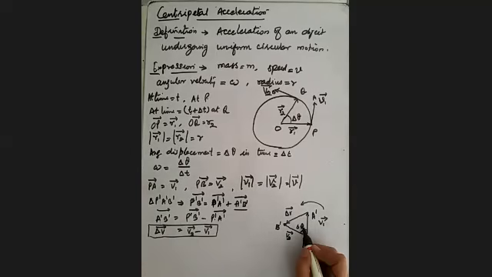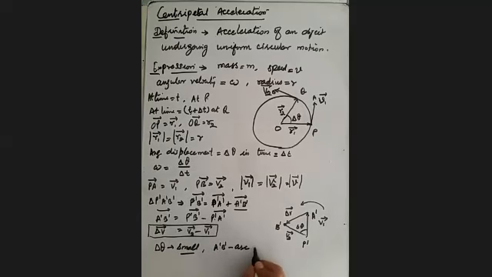Now suppose delta theta is very small, then we can consider A'B' as an arc of a circle of radius P'A'. Because delta theta is small, we can consider that the arc A'B' is equal to the length A'B'.